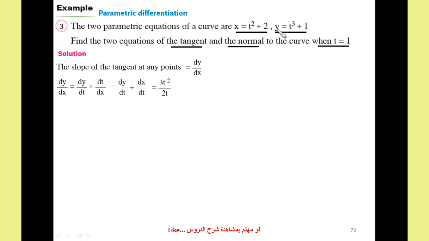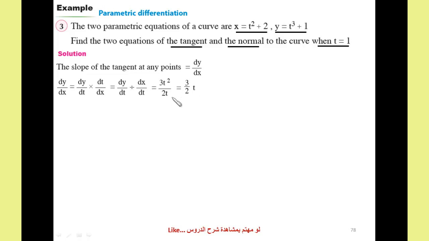Here we have y equals t to the power 3 plus 1, so dy/dt equals 3t squared. We write 3t squared divided by dx/dt, which equals 2t. After simplifying, we find it equals 3 over 2t.